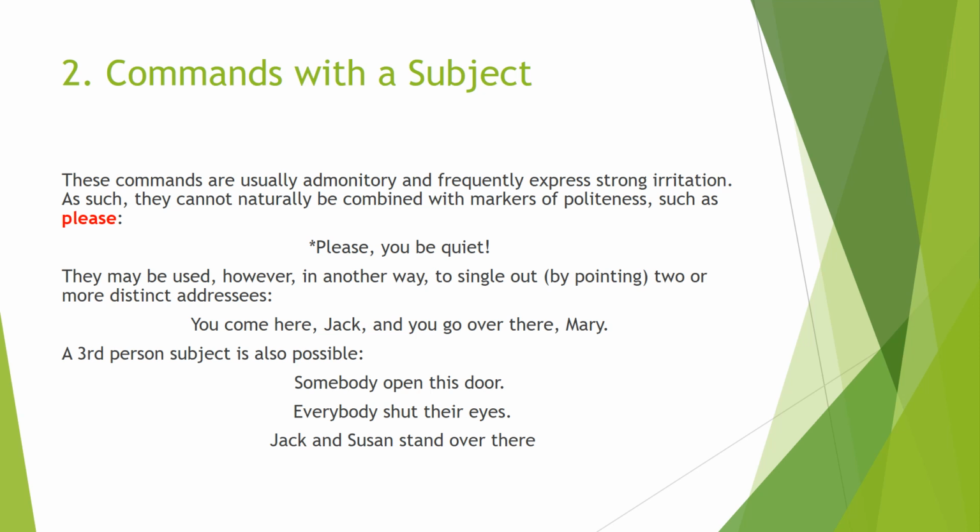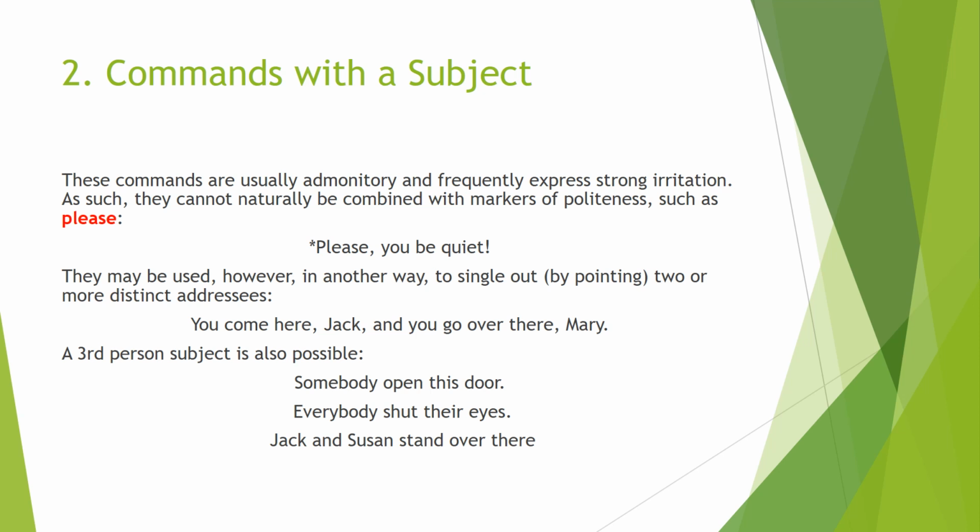Also, another type of subject that can appear in the commands with a subject is a third person subject pronoun, like somebody open this door. So I am ordering here somebody to open the door, or everybody shut their eyes.